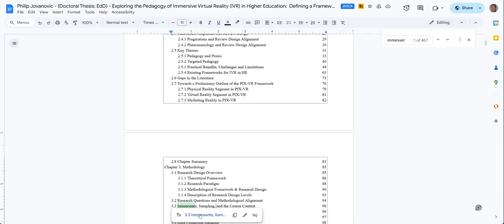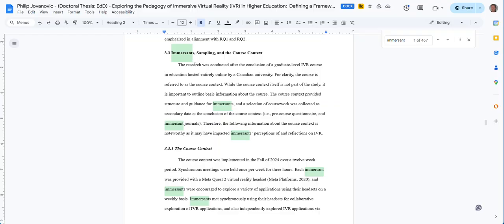So this is one of those things where you thought it was going to work, but no, it has to be participants. You can't be emersents. So just replace emersents with participants.